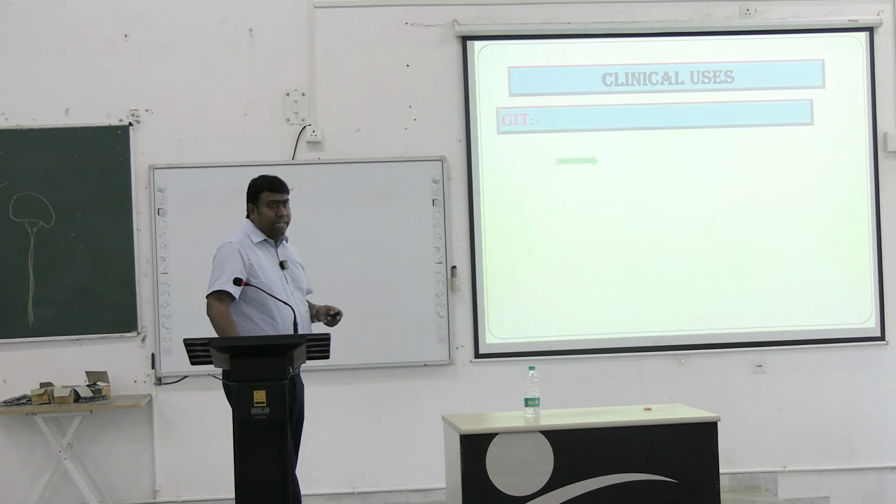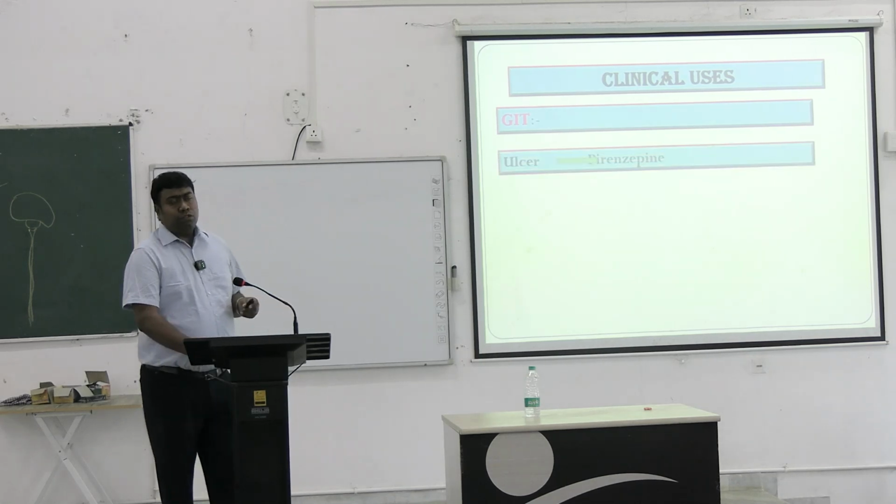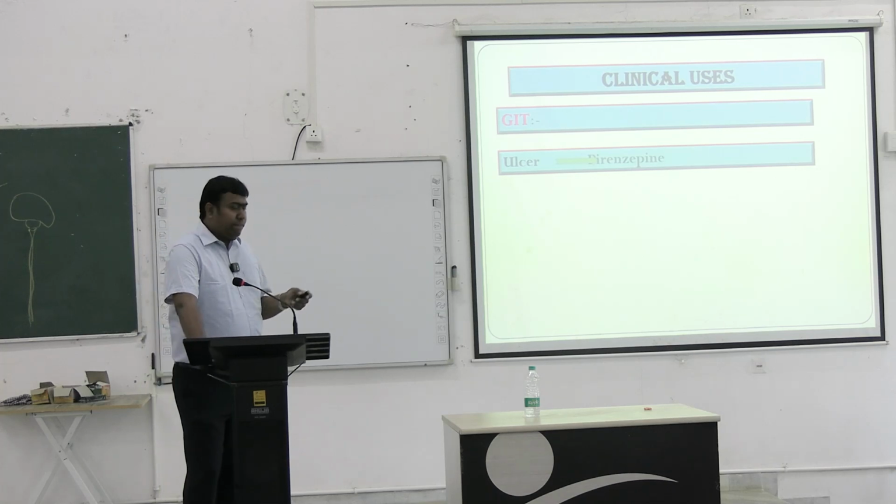Next one is the gastrointestinal tract. If there is a stone passing from the kidney through the ureter to the bladder, the spasmodic pain can be relieved by an anticholinergic drug.